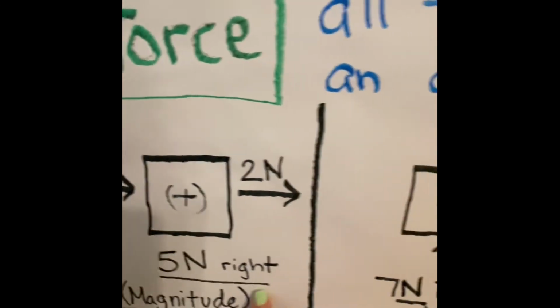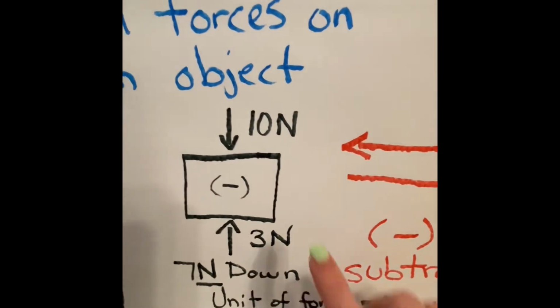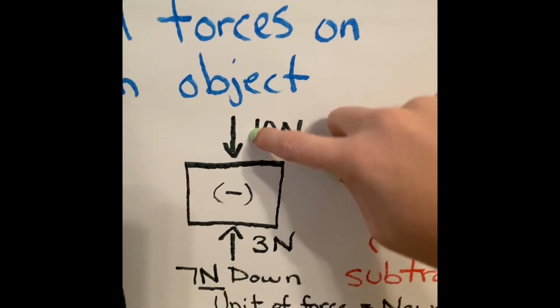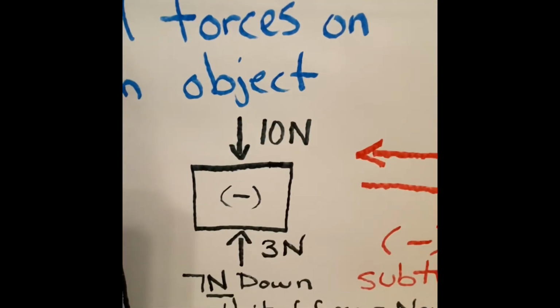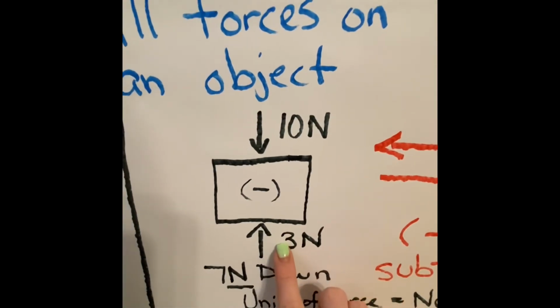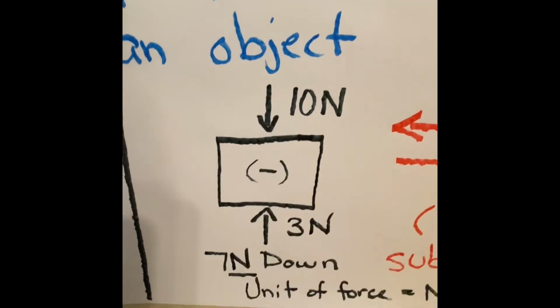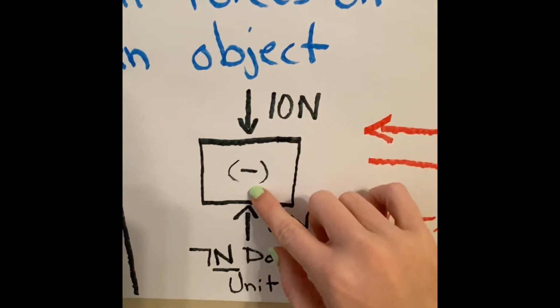Okay, so let's look at our subtraction. I have 10 newtons of force being applied on top of the box, pushing downward, and 3 newtons of force being applied on the bottom of the box, pushing upward. Remember, if the arrows are going in opposite directions, I must subtract.